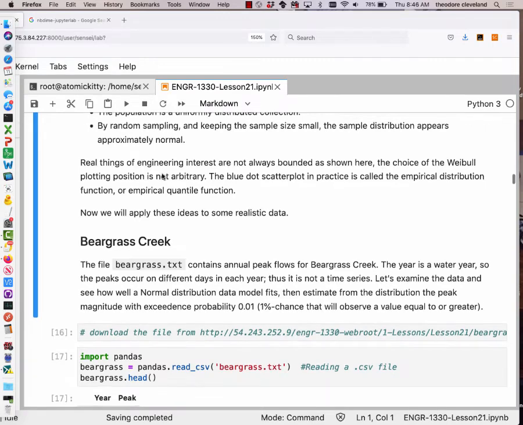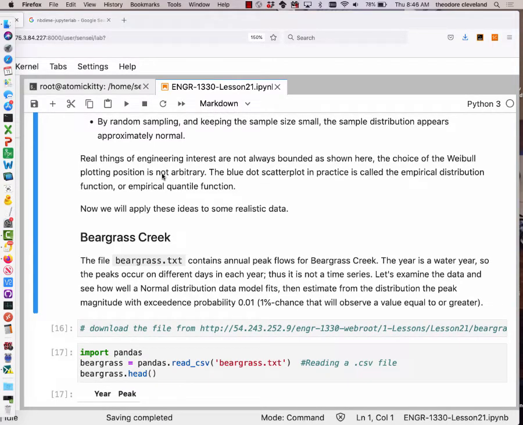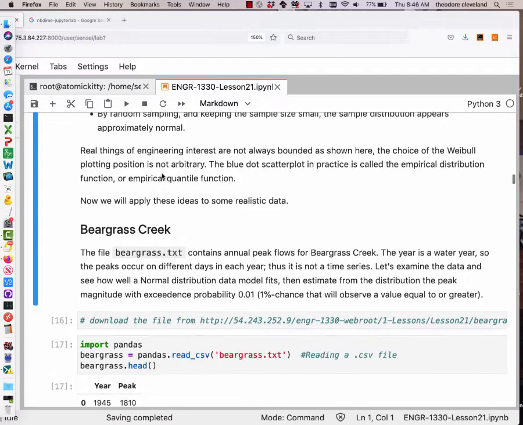And the choice of the Weibull plotting position is not entirely arbitrary. I didn't pick that because it was the easiest, because the California method is the easiest. I picked it because I wanted to fit my distributions, and the Weibull plotting position is good at that.